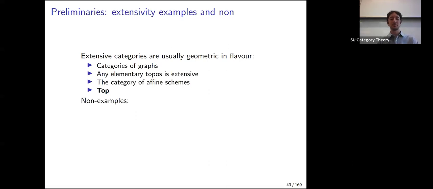Okay, also maybe it's worthwhile to think about things that are not extensive. The algebraic categories tend not to be extensive. For example, the category of groups is not extensive. If you'd like an example for why that's not the case, take A to be the integers, and x1 and x2 to be the integers.